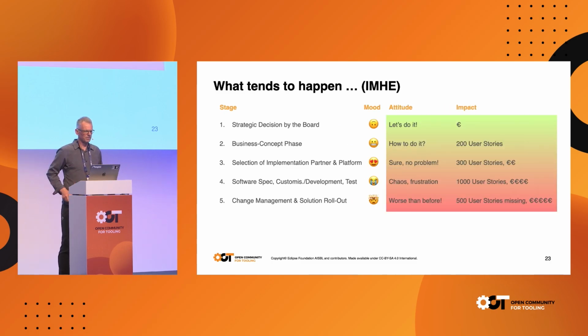Now, what happens in my humble experience, and it's always the same, I've seen it so many times, but well, maybe it's just me who caused it. At the strategic decision level, it's all rainbows and butterflies. It's all good. They're aware of the gravity of the situation, and they expect some problems and high costs. So say they put up a budget of 1 million euros.